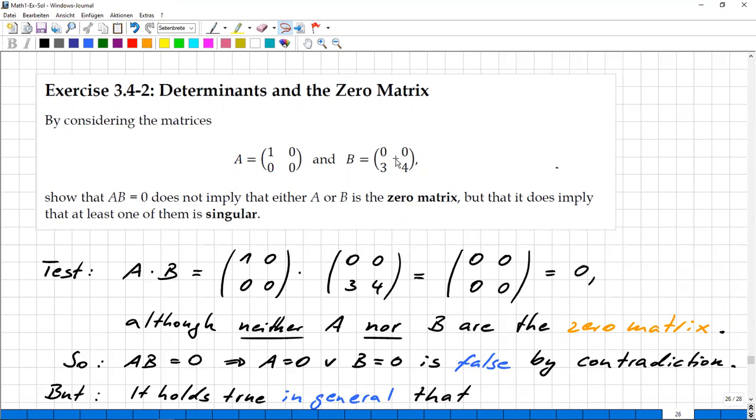We are asked to prove the following. The product AB equals 0. If this is our equation, it means really 0 in the sense of a zero matrix, okay? Now what should we prove? We should prove that if this is the case, it does not imply that either A or B is itself the zero matrix.